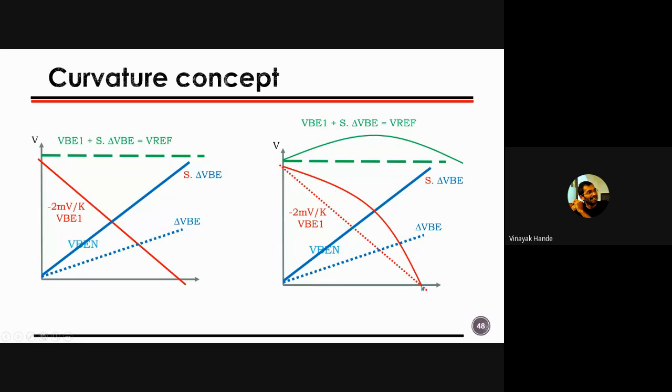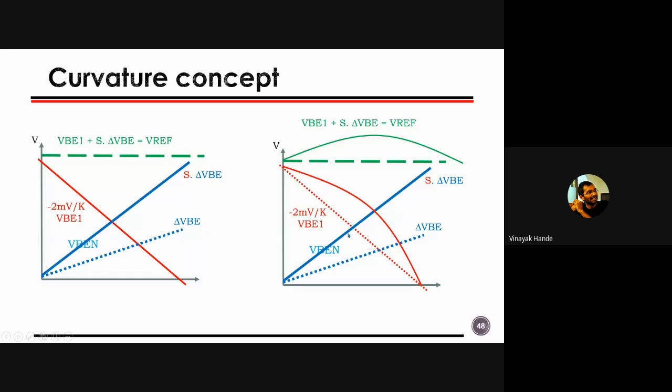It has some physics involved; for that, you can read Paul Gray's book, and some other papers as well, but Paul Gray will give a nice understanding of this. This curvature means that as temperature increases, your slope becomes steeper and steeper, and because of that you are getting a curved shape.